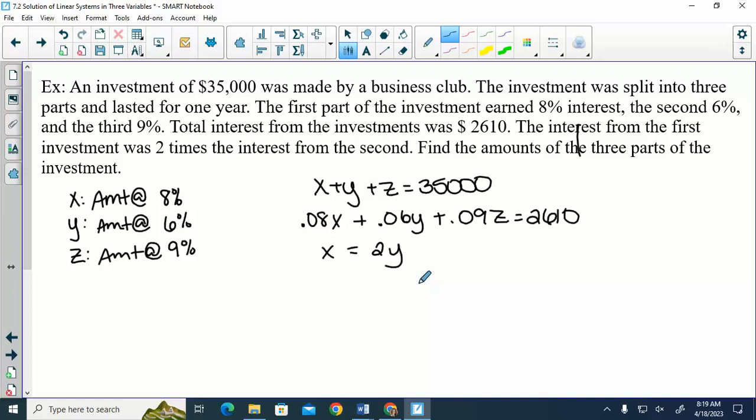But it said the interest from the first. So X was the first investment. How do you find the interest of that? Yeah, you have to multiply it by the 0.08. Equals 2 times the interest from the second one. So Y is the second one. The interest would be 0.06.